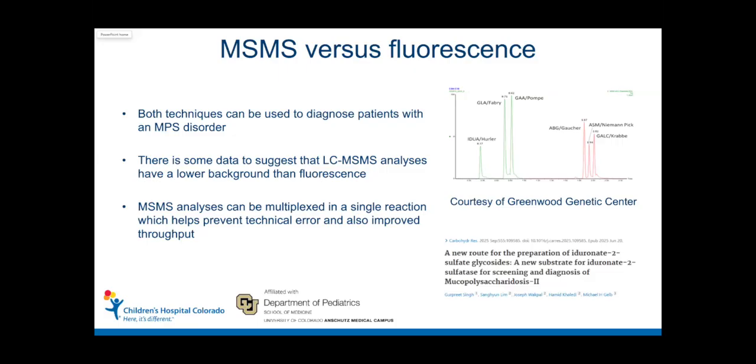There are a couple of papers out there that suggest that tandem mass spectrometry, because it's a little more sensitive at that lower end, may be better than fluorescence at teasing out some of the mild versus severe patients.